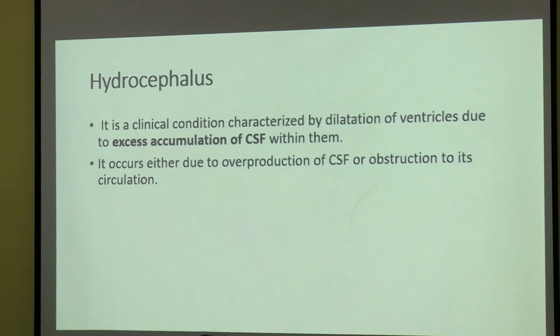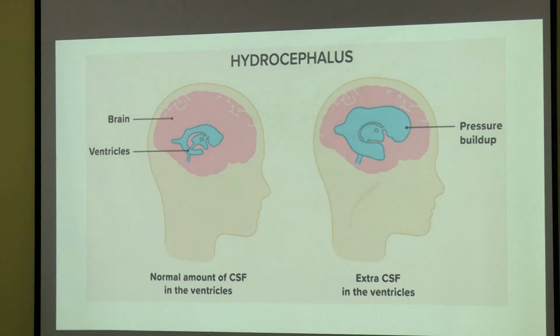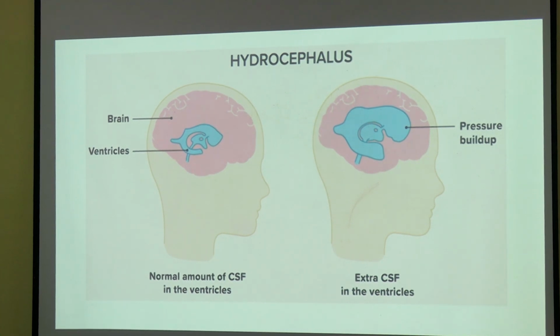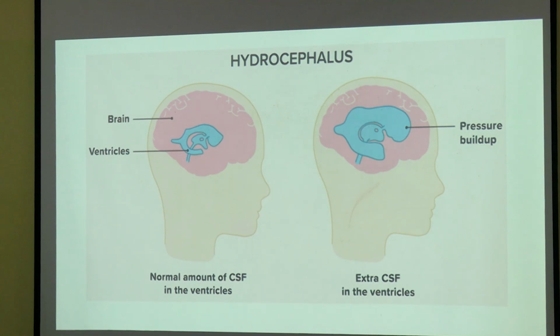Okay. Can you see the difference here? In the first picture, it is the normal ventricles and foramens filled with the required amount of CSF. But if you observe the second picture, there is an excess accumulation of CSF.